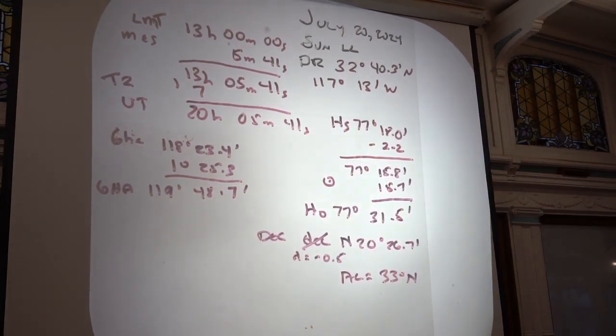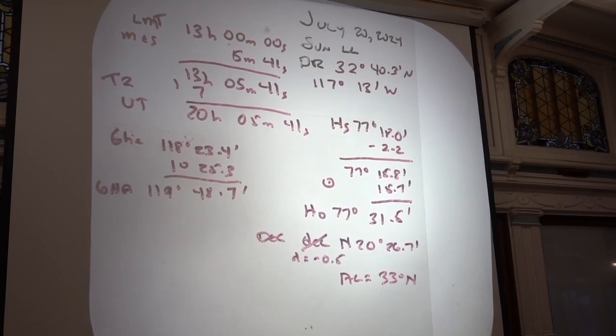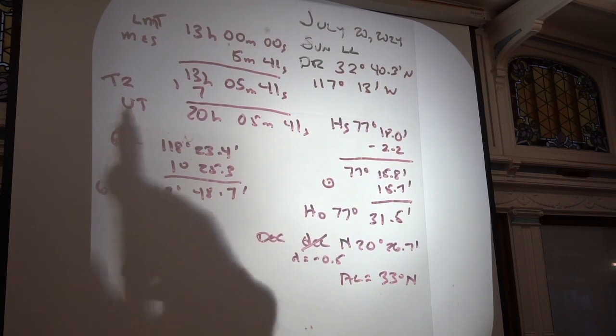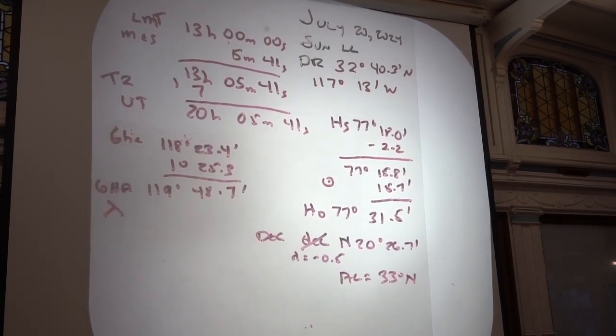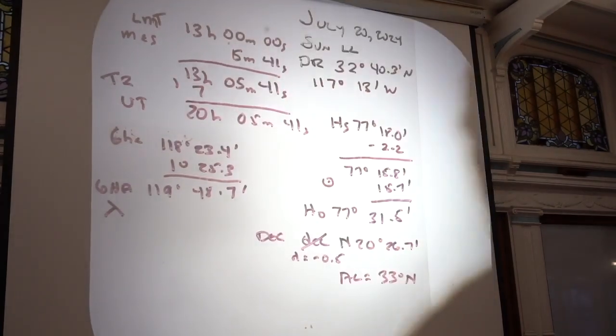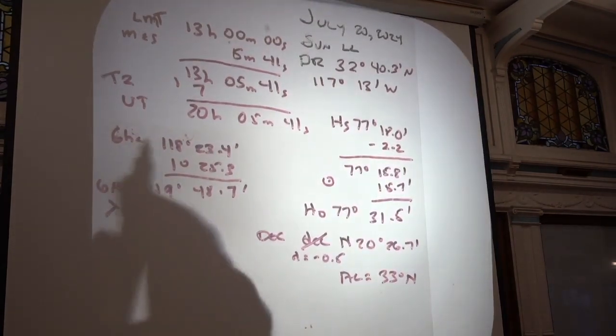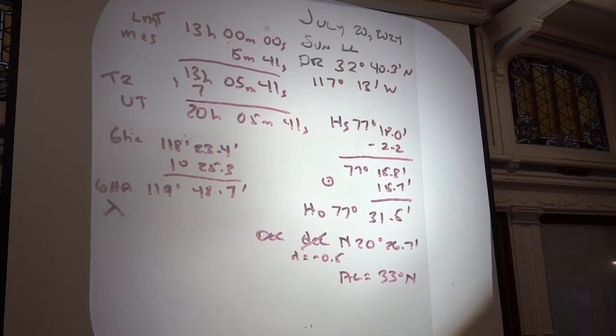Now, we're going to have to pick an assumed longitude that when we subtract from this winds up with a whole number. Now the symbol for longitude is lambda. And if you look at our chart, we're at 117 something, I think, aren't we?